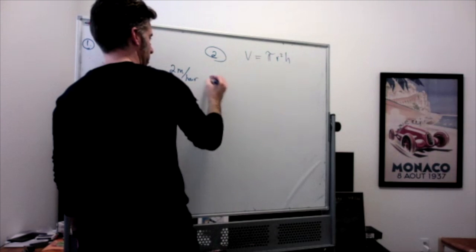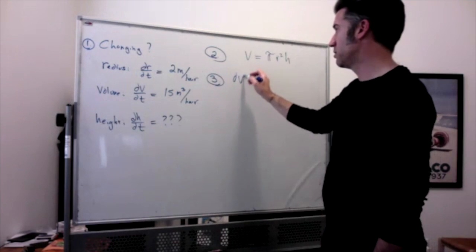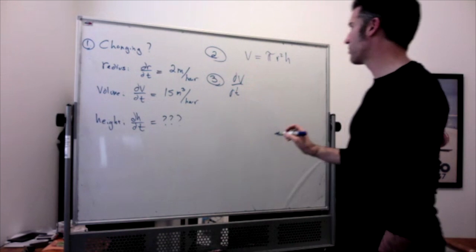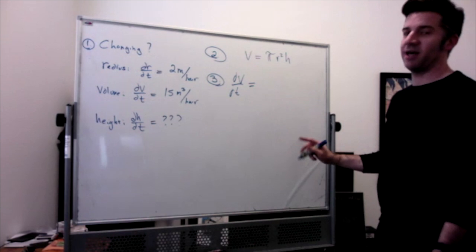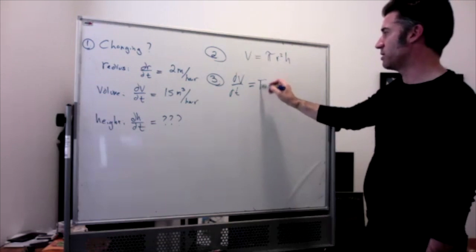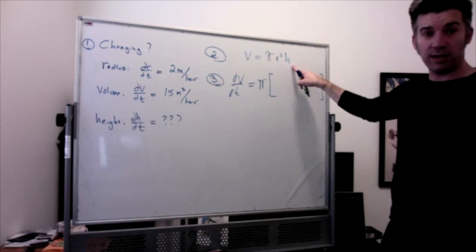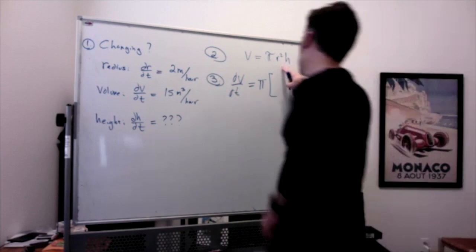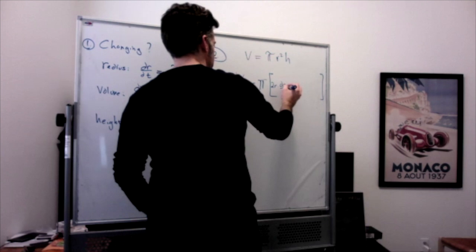And we differentiate. So the derivative of volume is dV/dt. And for here, I'm just going to think of the pi as being a constant multiple. And the derivative of this product is going to be, well, the derivative of r squared is 2r times dr/dt.